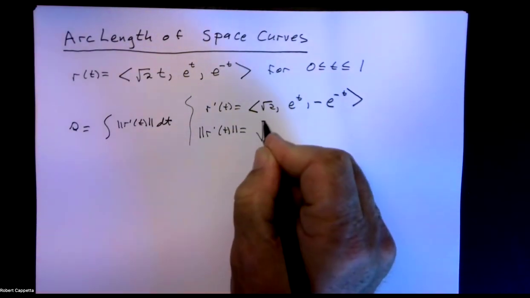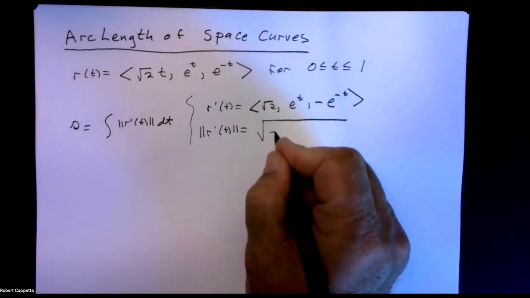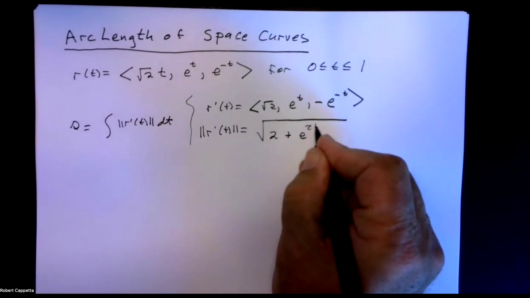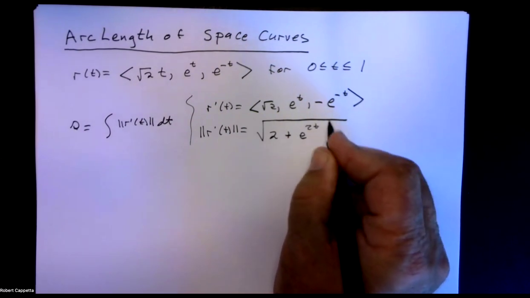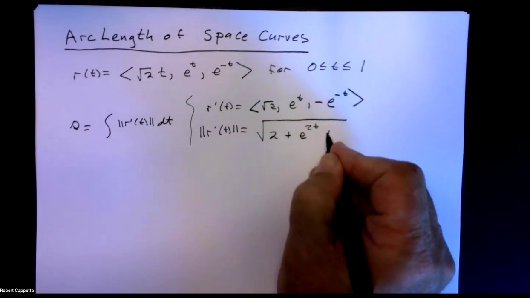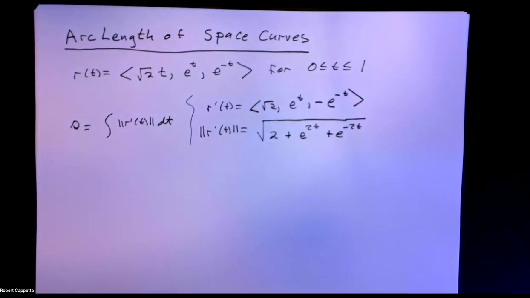So what will that be? √2 times √2 is 2, plus e^t times e^t is e^(2t), plus negative e^(-t) times negative e^(-t) is e^(-2t). Well, that doesn't look great.